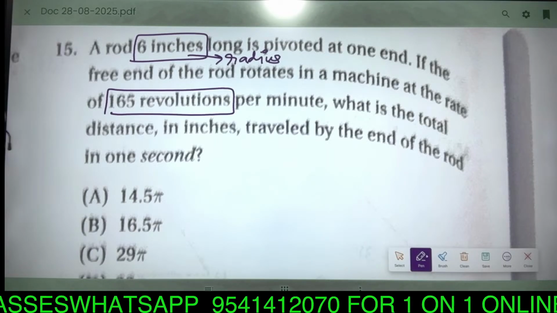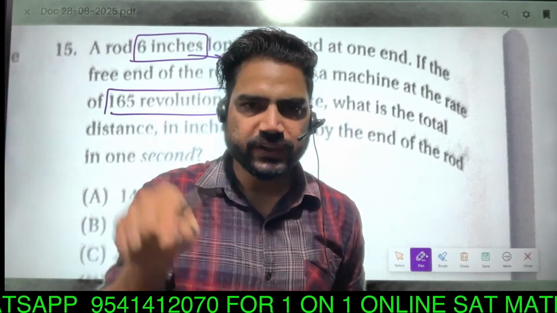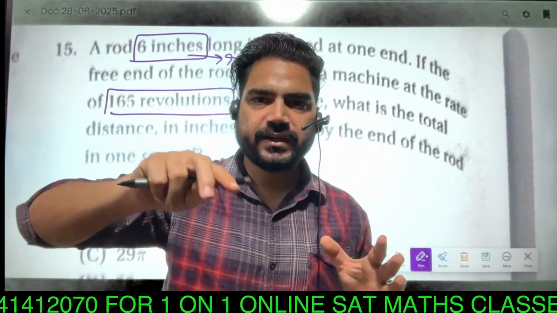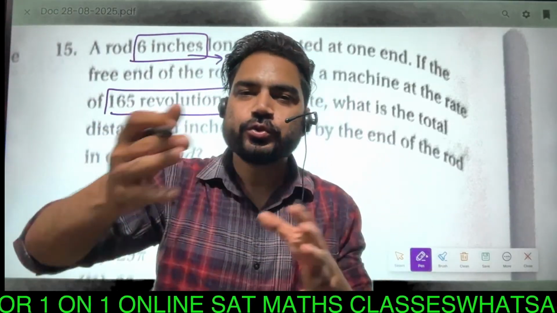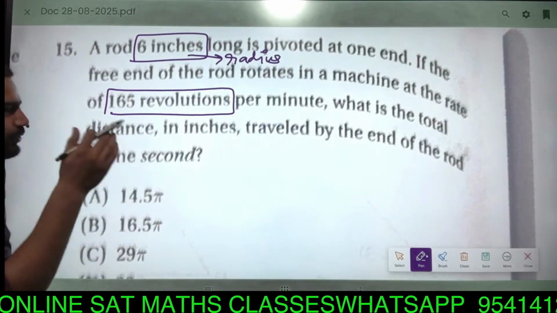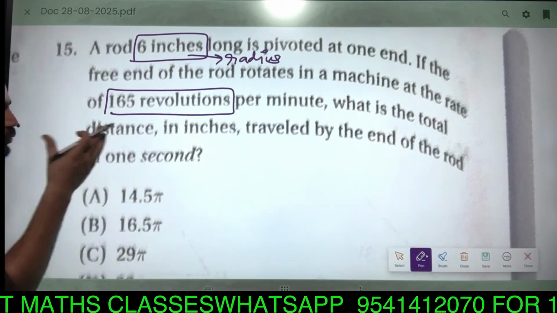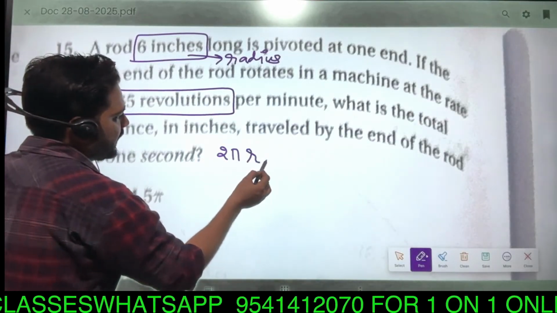So now it's the last question. Whether it is a rod, a wheel, or a satellite doing revolutions in its orbit, in all these cases we find the total distance using 2 pi r. So here also the value will be 2 pi r.